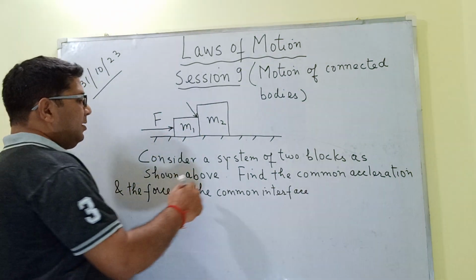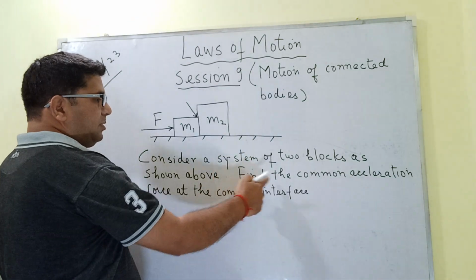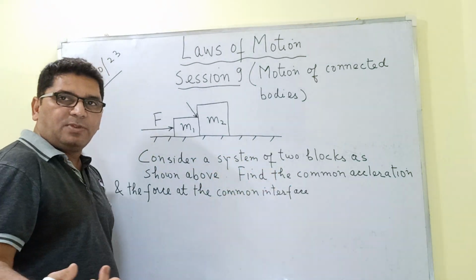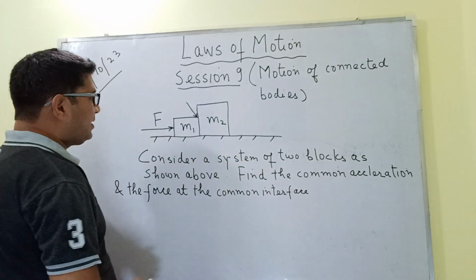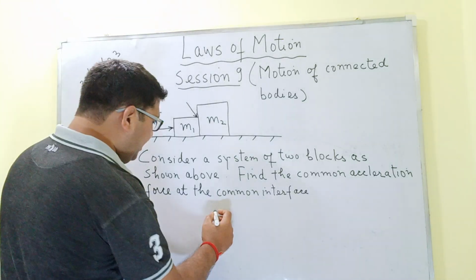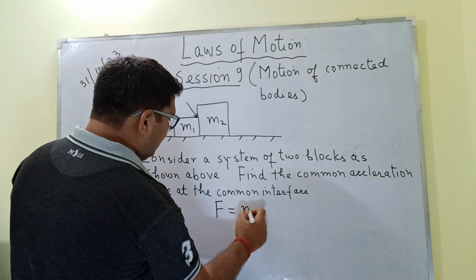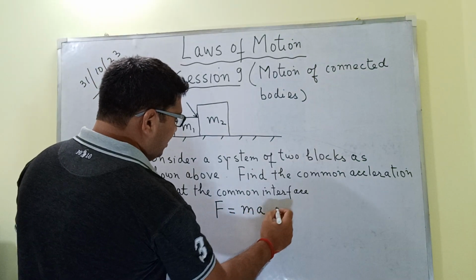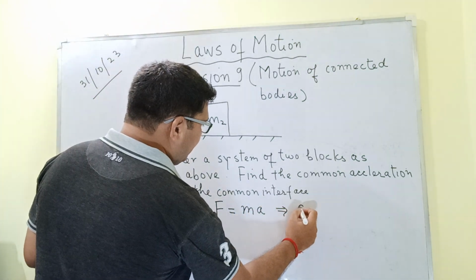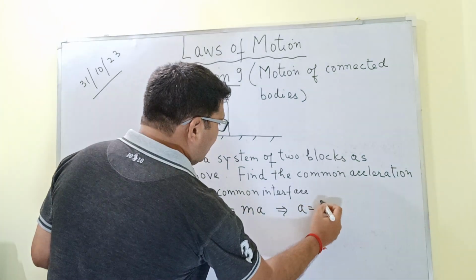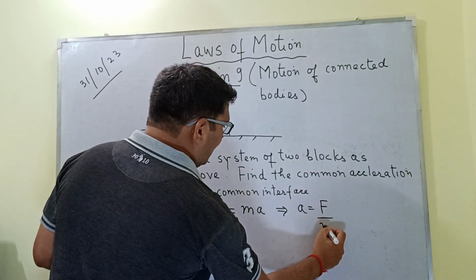Now the common acceleration is very easy to find because, as we know, force is equal to mass into acceleration. So it implies that acceleration will be equal to force upon mass.